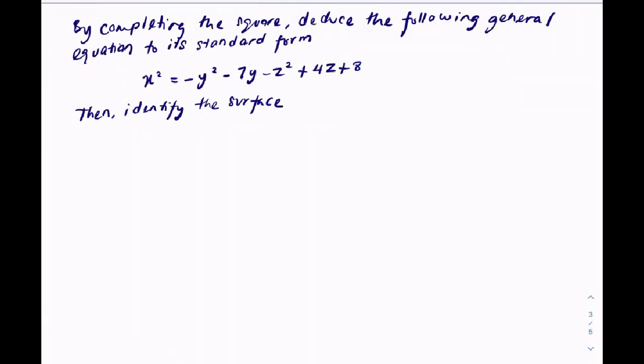By completing the square, deduce the following general equation to its standard form. Then identify the surface. Okay, I can see that we have x squared, we have y squared, we have z squared. So why don't we combine at one side?